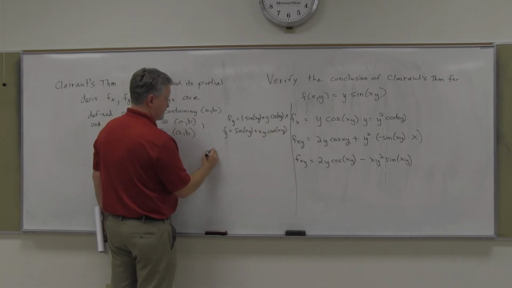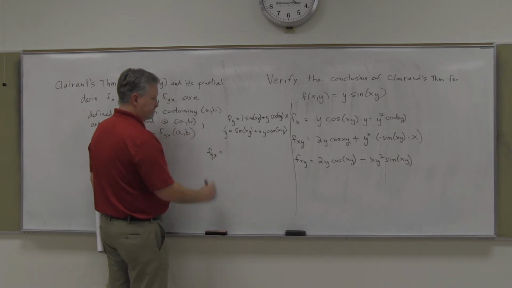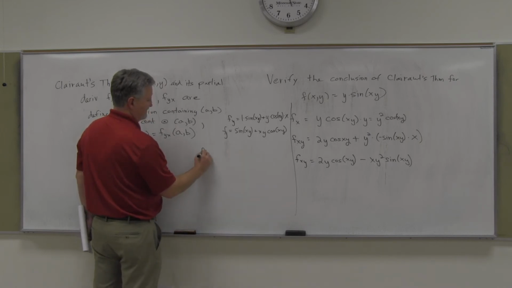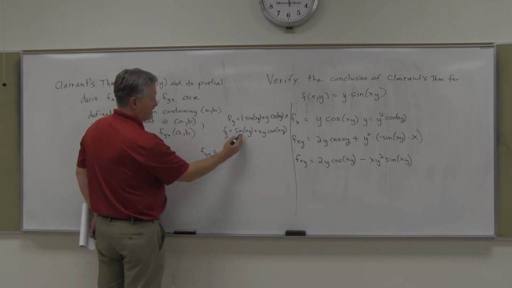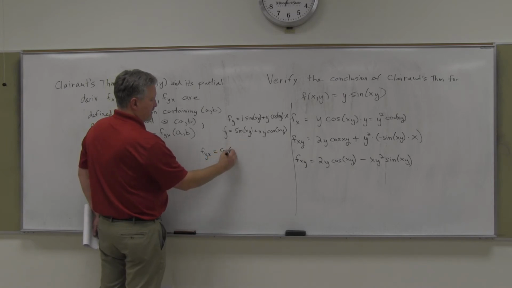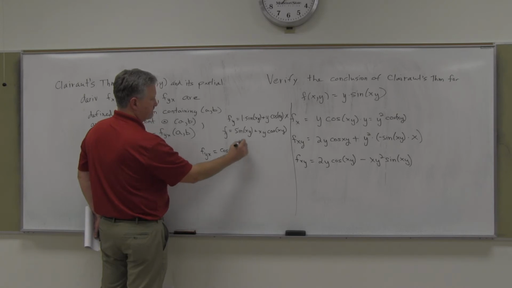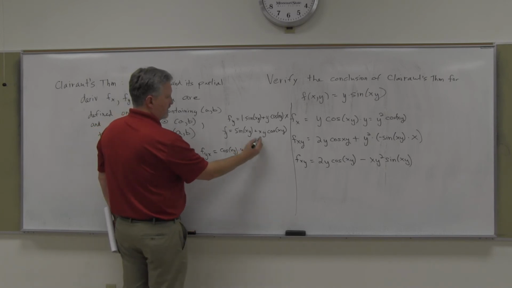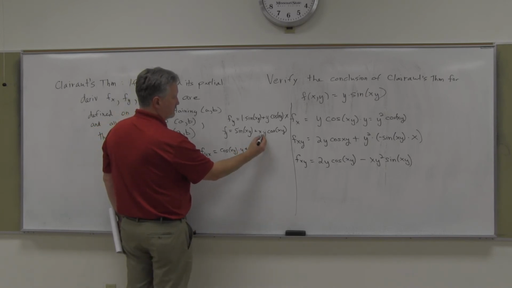All right, so now we need to do that with respect to x. So that with respect to x, we'd have cosine xy times the derivative of the inside with respect to x, which would be y. Then over here, a little product rule.